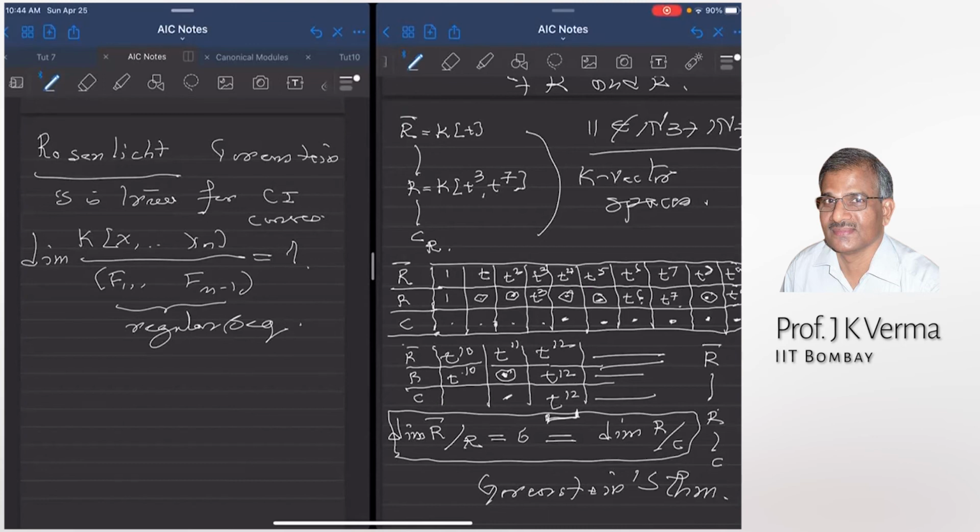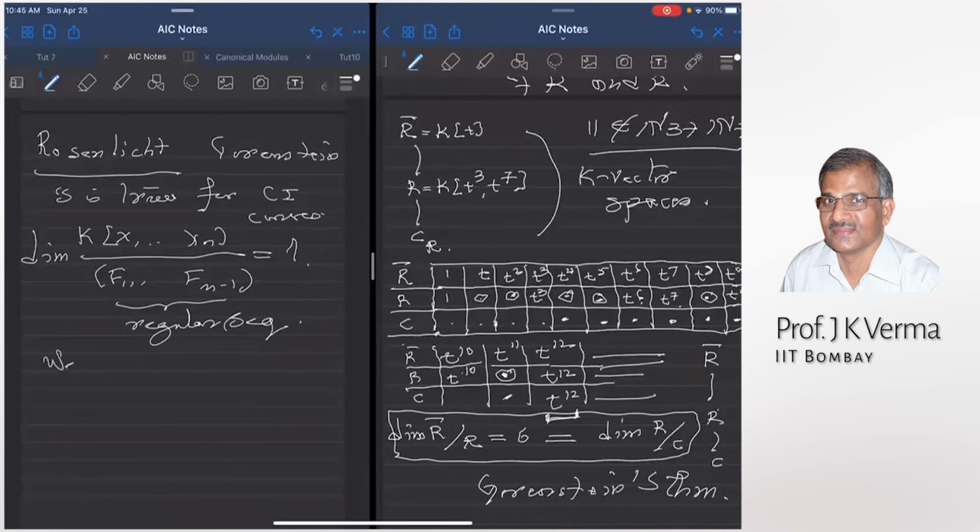Localized at any maximal ideal, I get a one-dimensional Cohen-Macaulay local ring, and one can prove exactly the same result. Okay, so we will prove Rosenlicht's theorem.